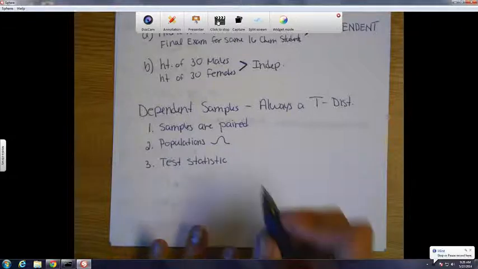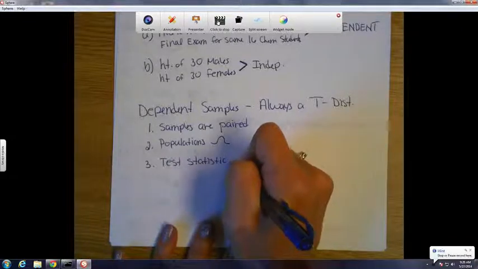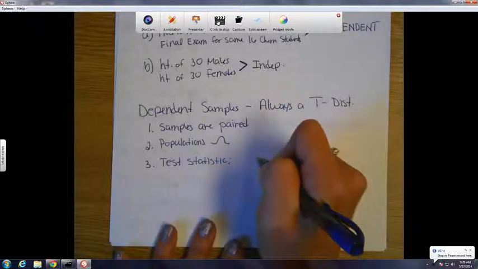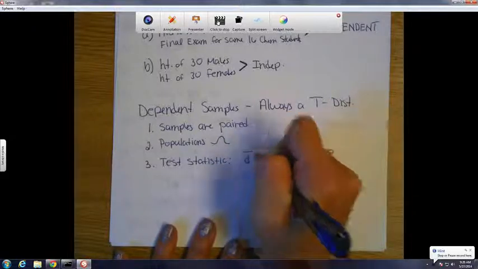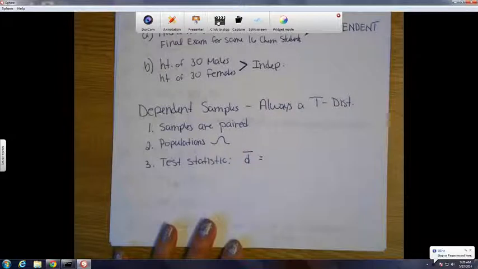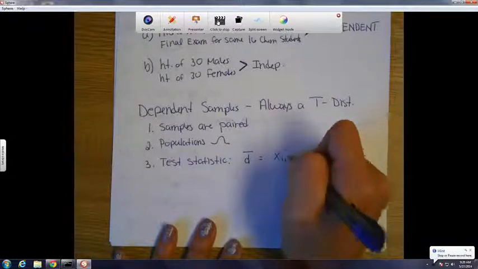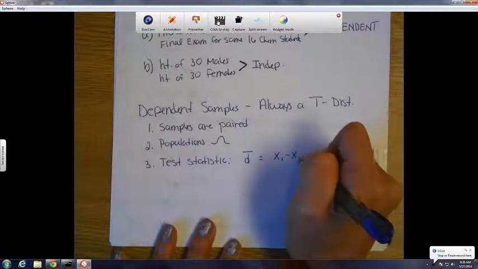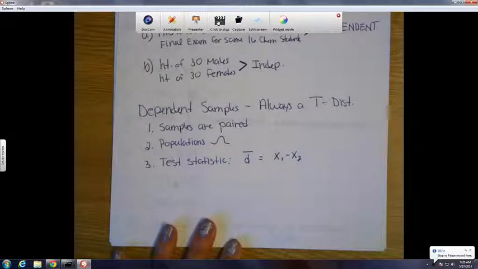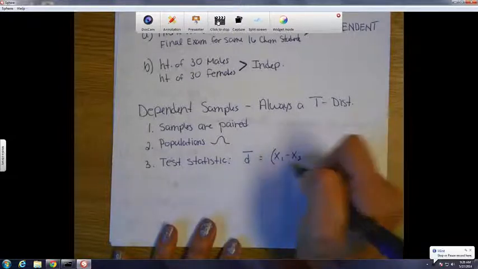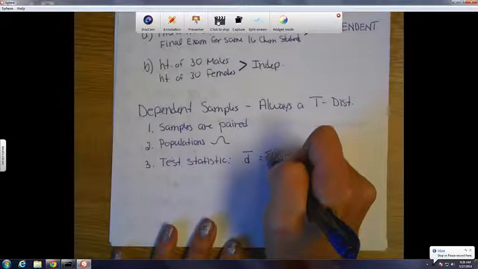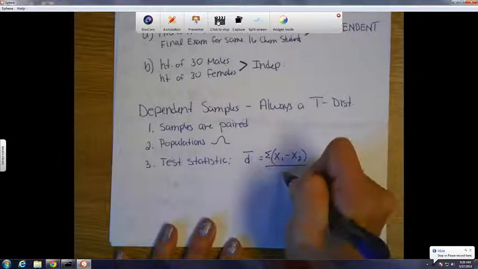So your test statistic is called D-bar. And what you're going to do is average the difference. You're going to take each X value and subtract, like the before minus the after. Add all of those up, and then divide by your sample size.